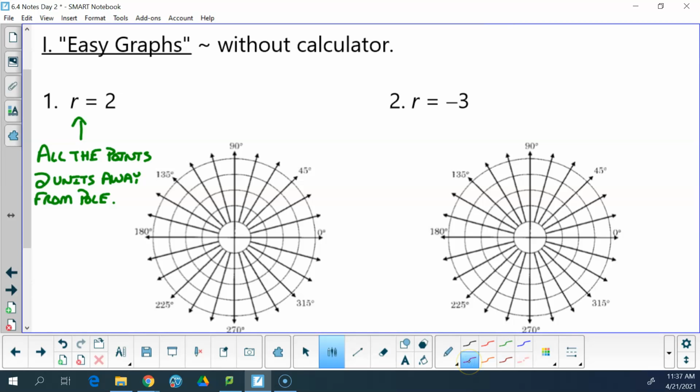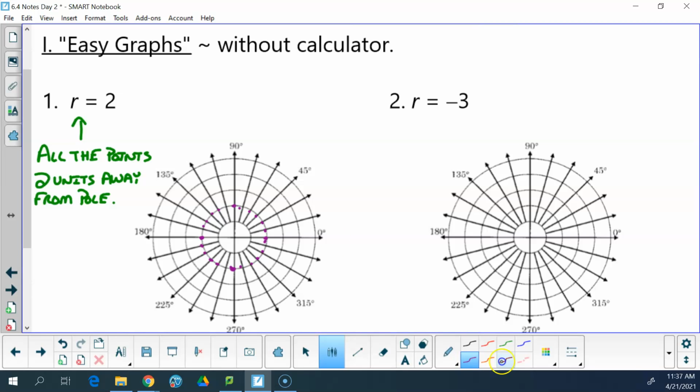Well, here's one that is 2 units away. Here is one that is 2 units away. Here's one, here's one, and here's a bunch more, all 2 units away.